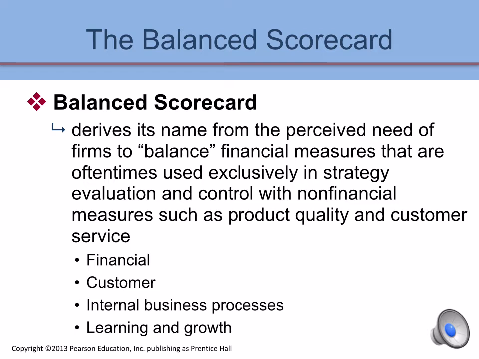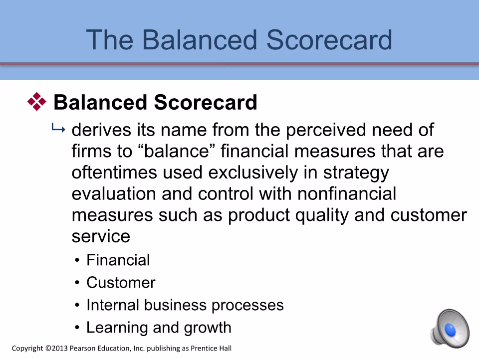Now let's start with the balanced scorecard. Balanced scorecard is a strategy performance management tool which uses a mix of financial and non-financial objectives in evaluating the performance of the company. So it has four major components: financial, customer, internal business processes, learning and growth.